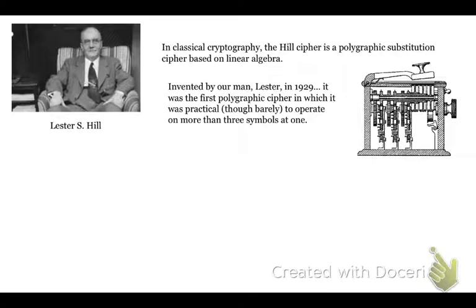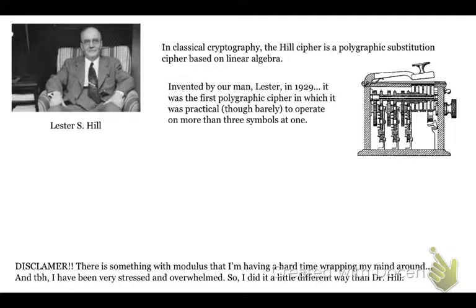It was practical, but could only do about 3 symbols at once, which isn't that many when you're trying to send a big code to someone. There's also this thing with modulus in here, and I think I wrapped my mind around it a little bit more, but I did it a little bit differently, so I'll just get to it once we get to it.